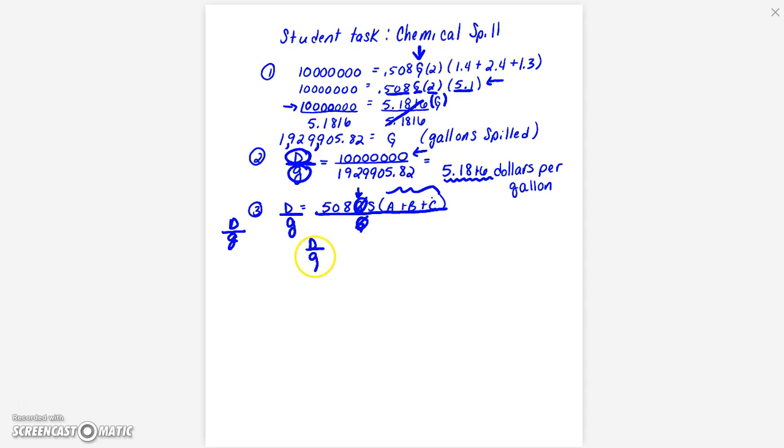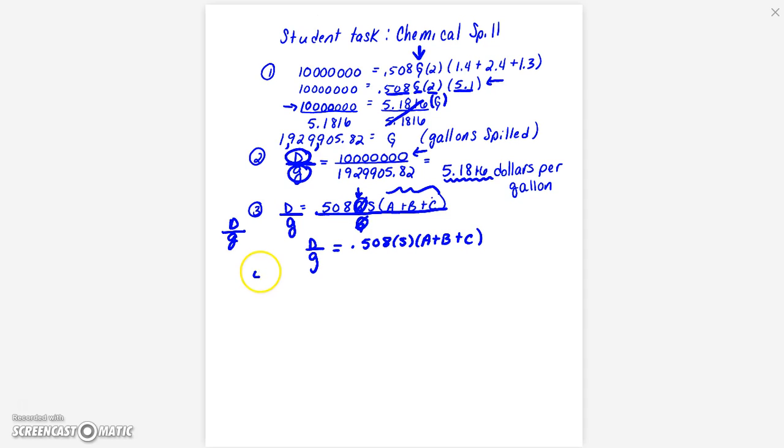Dollars per gallon is equal to 0.508 times S times A plus B plus C. I know that's a lot easier than all the pieces of the problem were when you're reading it, but really all it wanted was dollars per gallon, and that's what we have there.